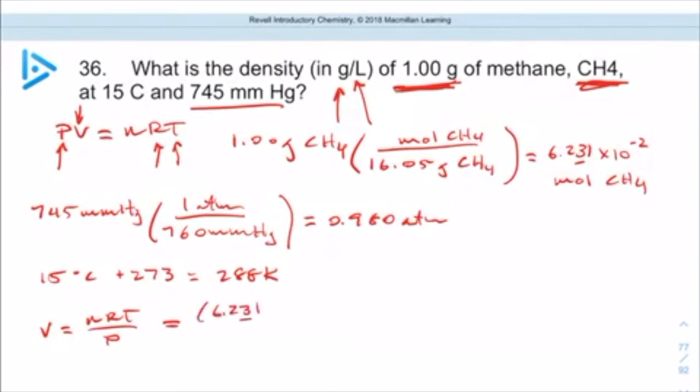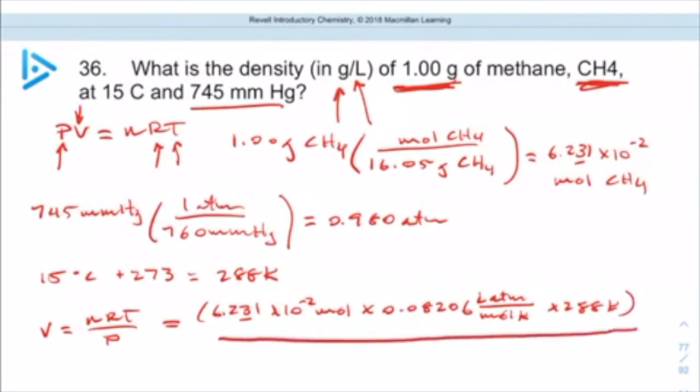So I get 6.231 (third sig fig) times 10 to the minus 2 moles times 0.08206 liters atmospheres over moles Kelvin times 288 Kelvin all over 0.980 atm.